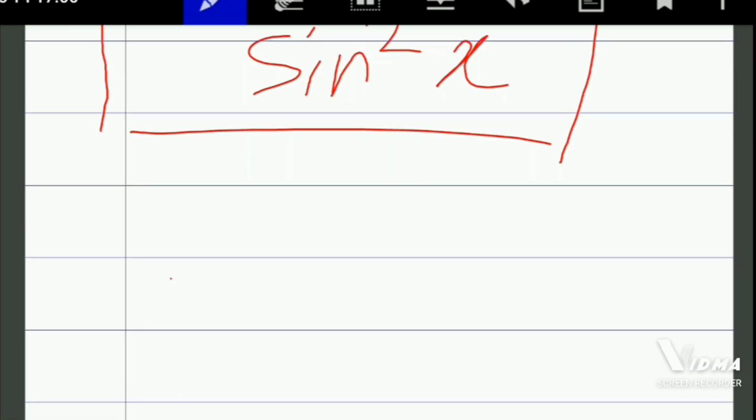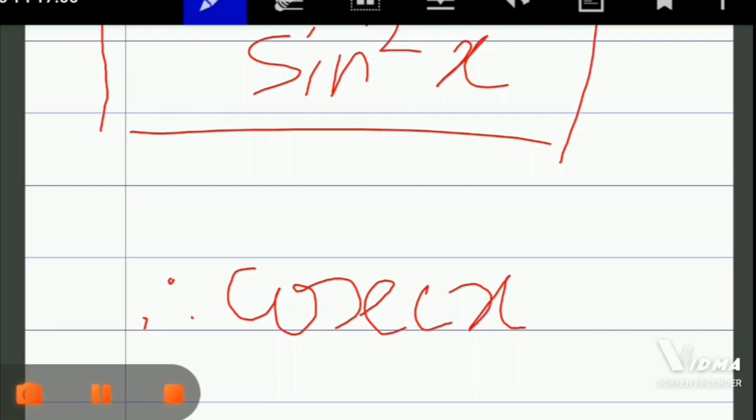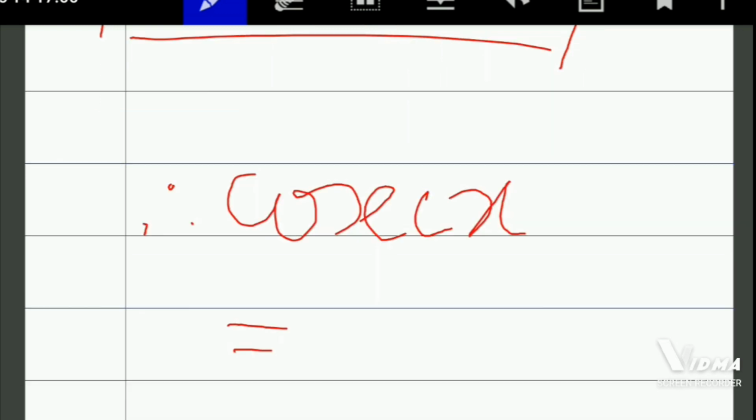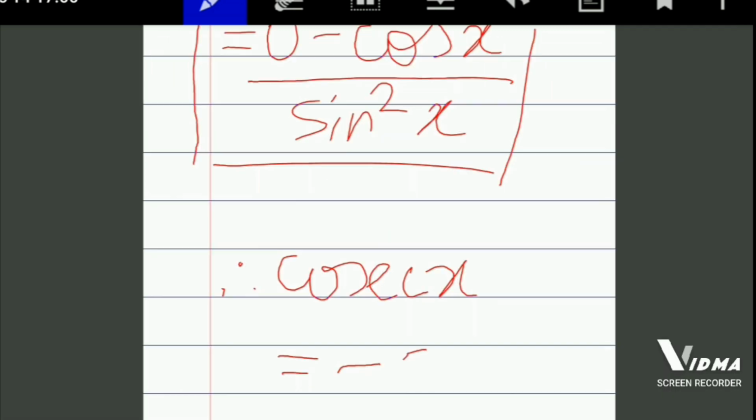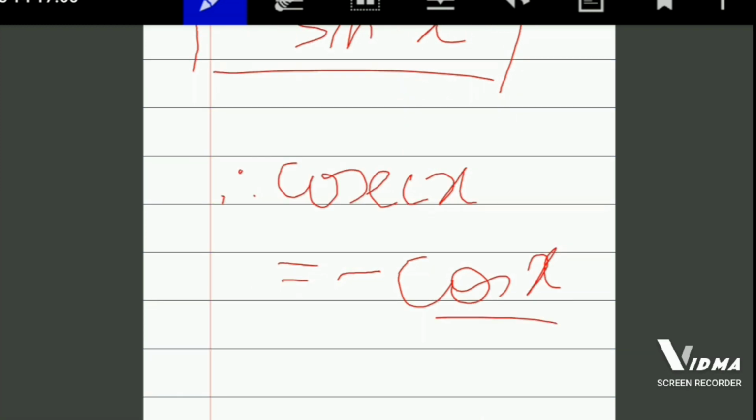Therefore the differentiation of cosec x is equal to negative cos x by sin square x.